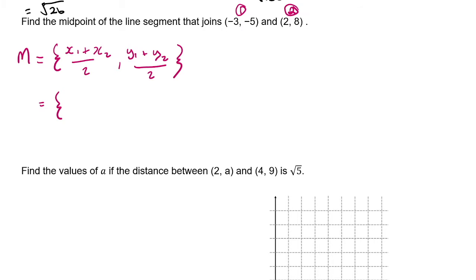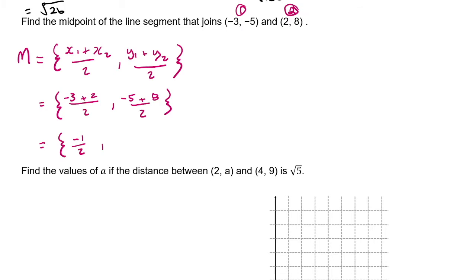So we have minus 3 plus 2 all over 2, and we have minus 5 plus 8 all over 2. So minus 3 plus 2, well, that's minus 1 over 2.